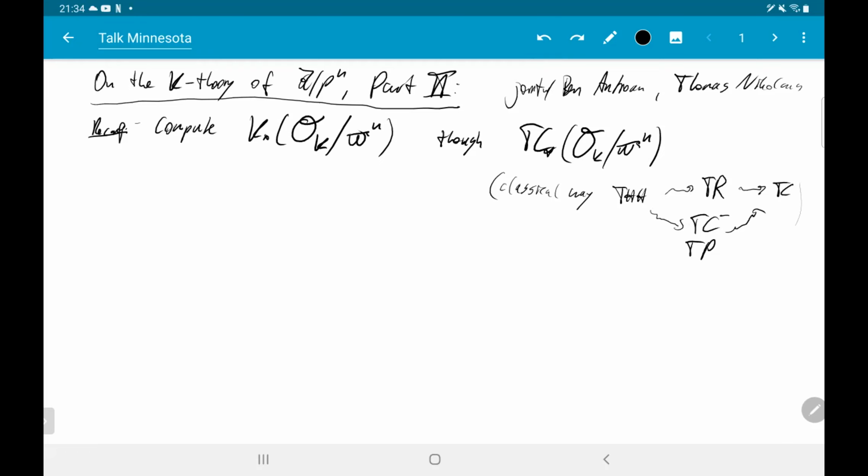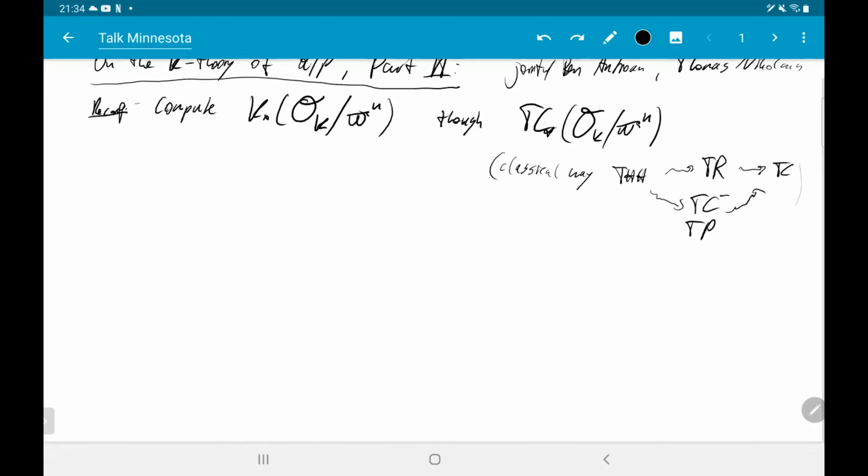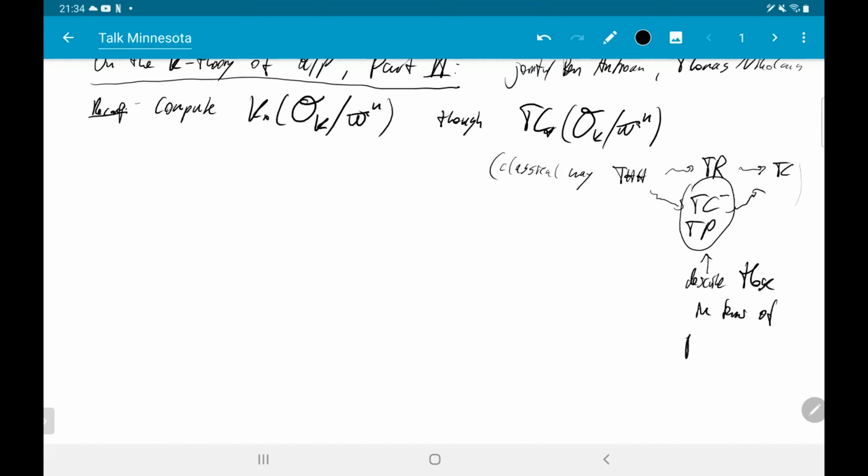The shortcut that you can take nowadays is you can describe these in terms of prismatic cohomology. So that's the main thing we're doing.